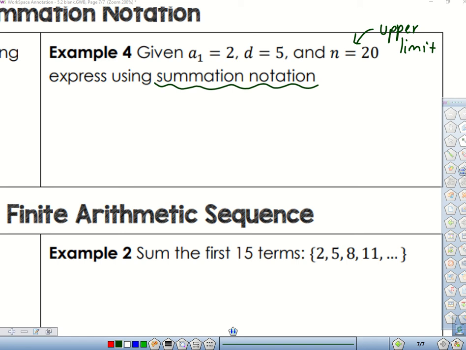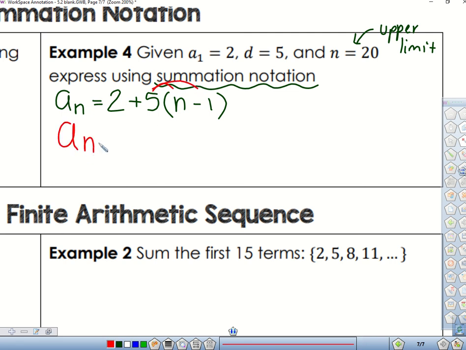So, first thing you're going to do is write your explicit sequence formula. So a sub n is equal to your first term plus d times n minus 1. You're not going to plug in 20 for n here. You need n in order to write the notation, okay? Now you're going to distribute.